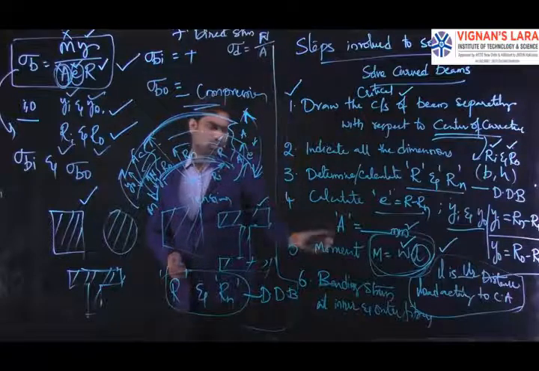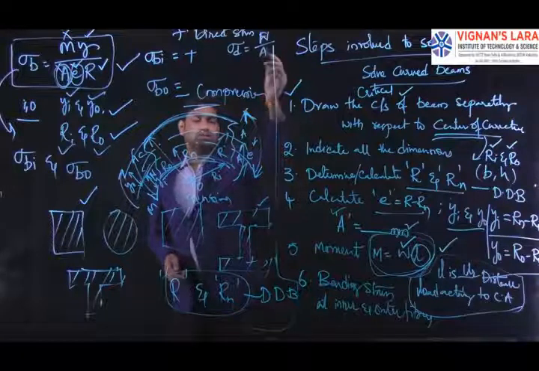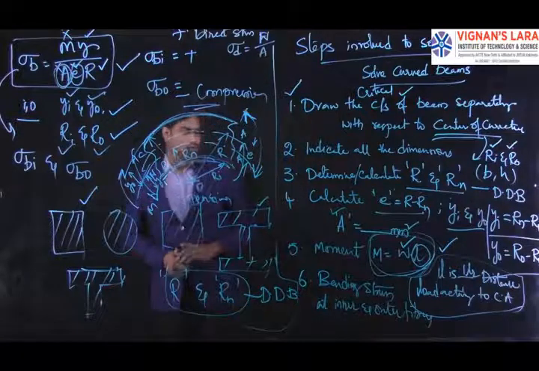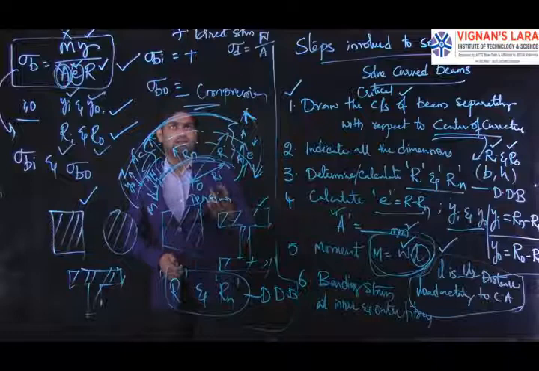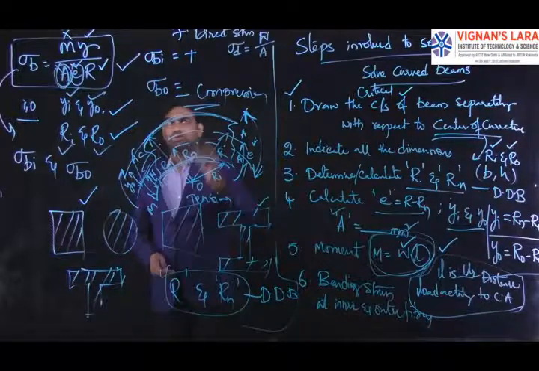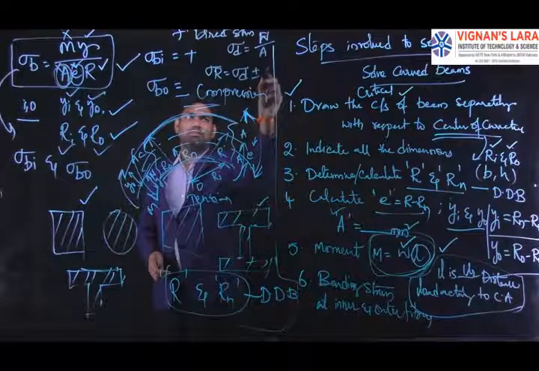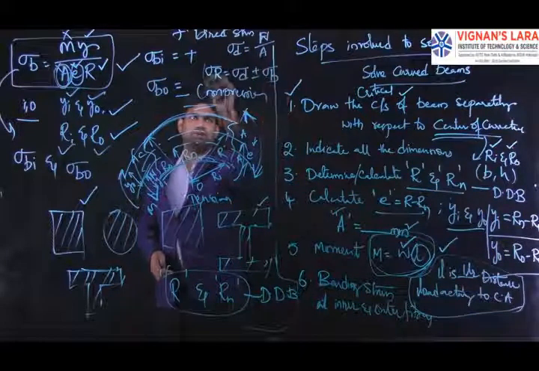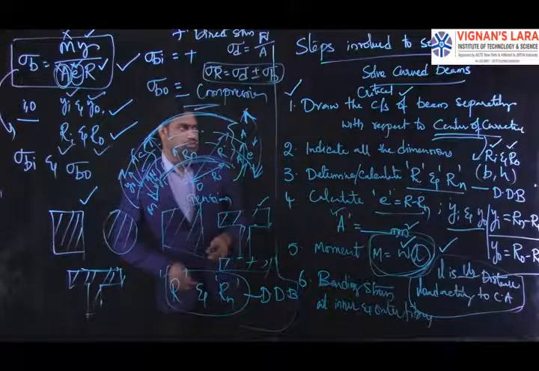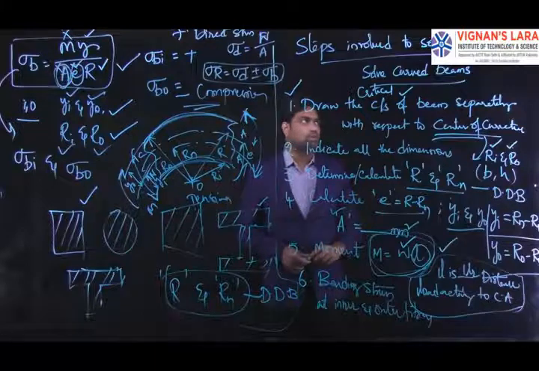A is already found in step number 4, and the load is given in the data. So we can calculate the direct stress, and finally the resultant stress, given by sigma Ri and sigma Ro, equal to sigma d plus or minus sigma b. That is the sequence of steps to be followed in the design of curved beams, or to solve problems on curved beams.